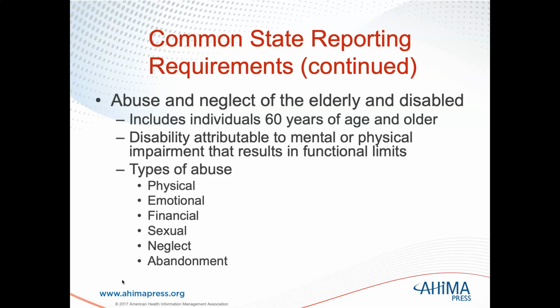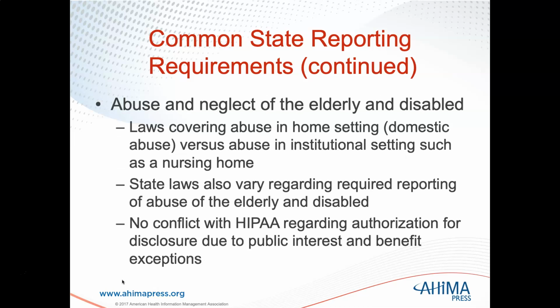There's also abuse and neglect of the elderly and disabled. This includes individuals 60 years of age or older, or a disability that's attributable to a mental or physical impairment that results in functional limits, meaning that they have difficulty with their activities of daily living, their ability to do all of the things that they would need to do for themselves to thrive. Types of abuse that are included under abuse and neglect of the elderly and disabled include physical, emotional, financial, sexual, neglect, abandonment.